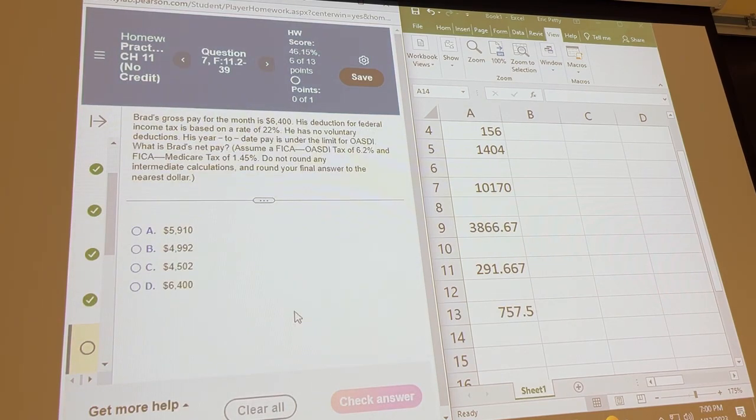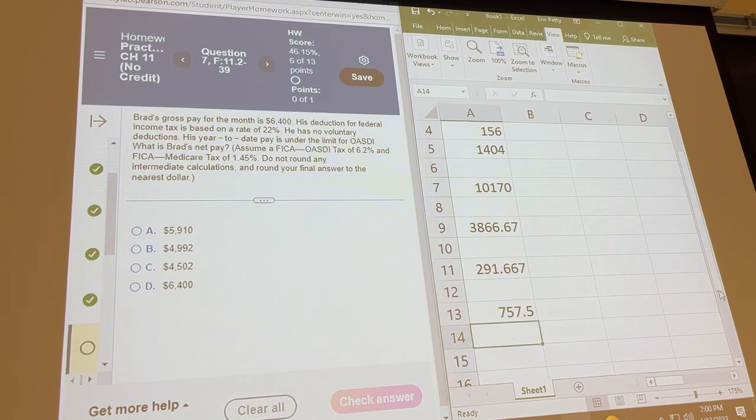Okay, Brad's gross pay for the month is $6,400. His deduction for federal income tax is based on a 22% rate. He has no voluntary deductions. His year-to-date pay is under the limit for OASDI. What is his net pay?